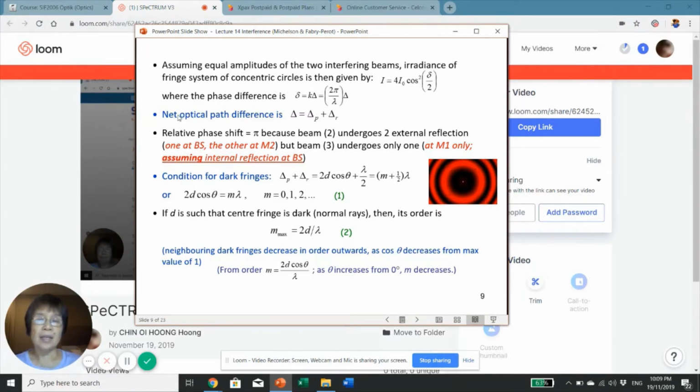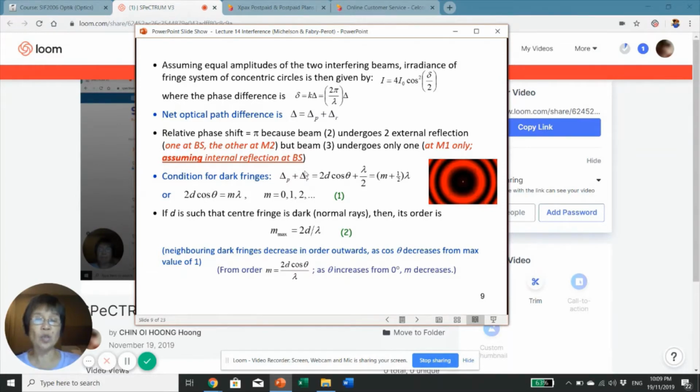And if we incorporate the phase shift due to reflection, then we would have a relative net phase difference between the two beams, and that would be equal to pi, which is equivalent to lambda over 2.